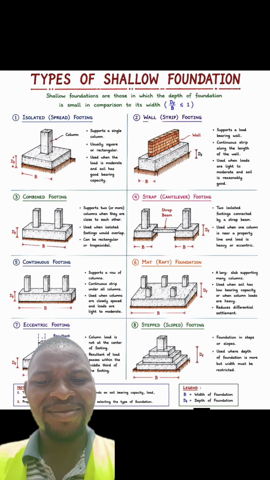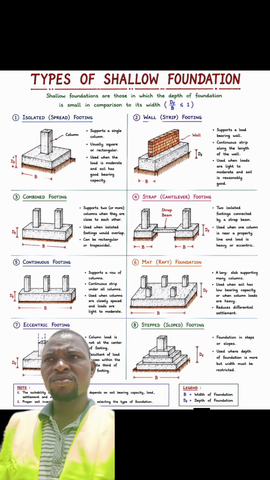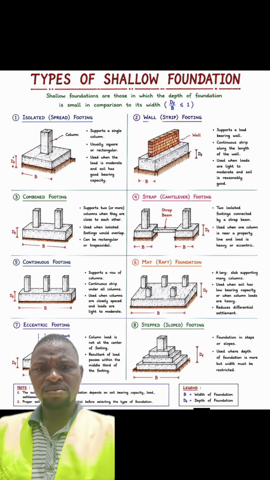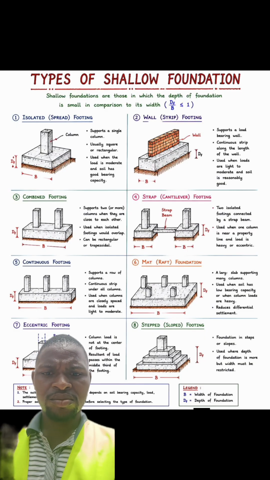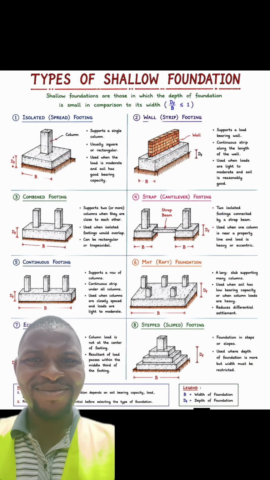Then we have continuous footing. It supports a row of columns. That means if you have a row of columns, you can use a continuous footing, a continuous strip under all columns.